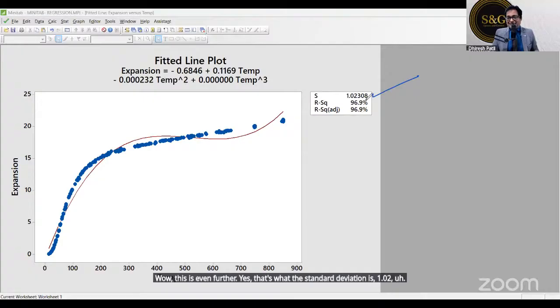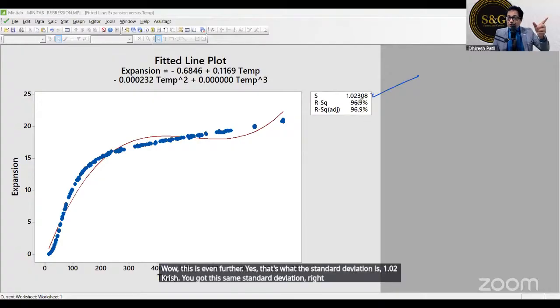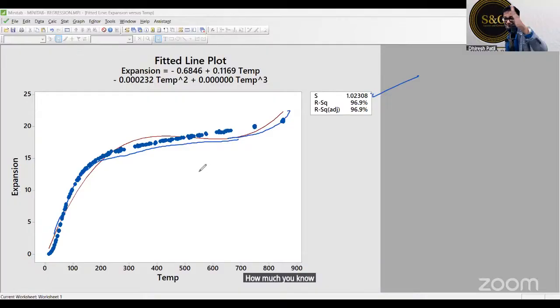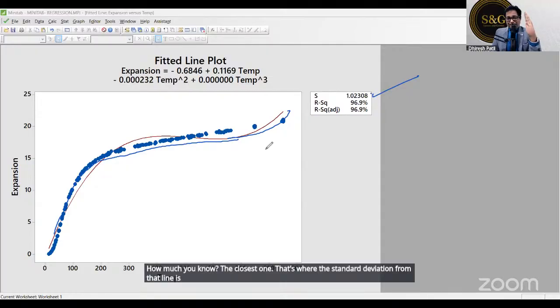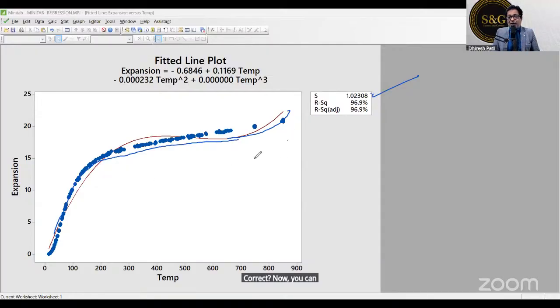Krish, you got this same standard deviation, right? So it was the cubic standard deviation, because the curvature is fitting exactly, the closest one. That's why the standard deviation from that line is very low. Now you can see the r square value is 96.9. Very, very strong correlation it is showing.